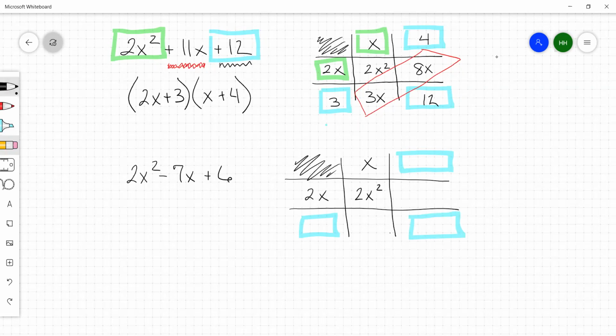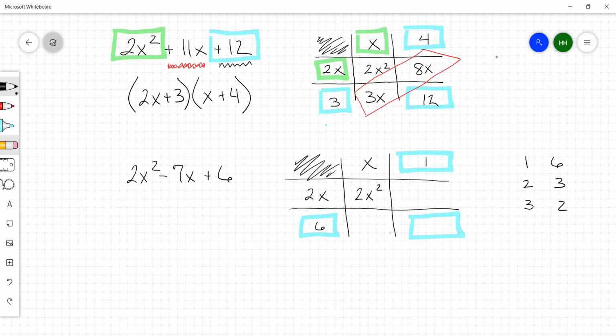If you think of your factors of 6, you've got 1 and 6, you've got 2 and 3, and you've got 3 and 2. Some of this will take some trial and error. So let's try the 1 and 6. You know you get a 6 down here in the bottom right.